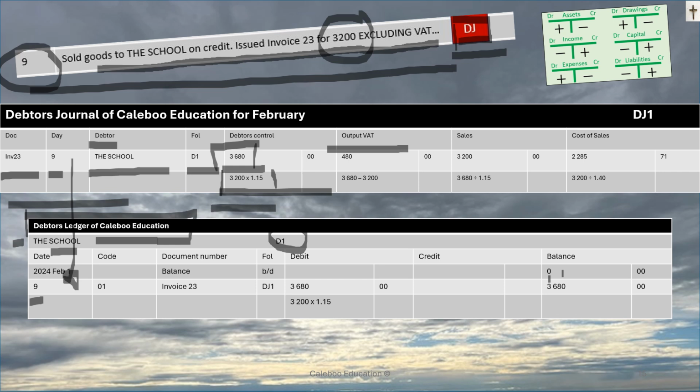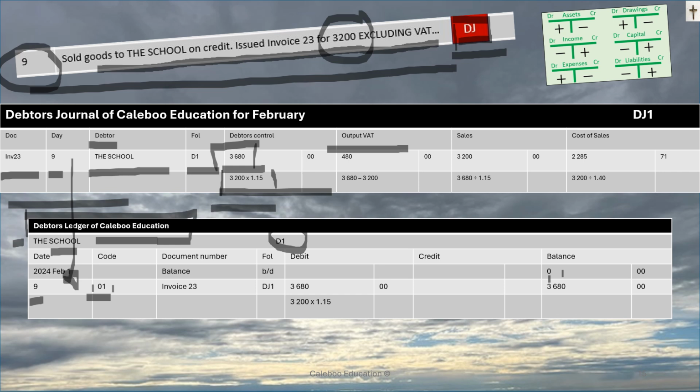The code, if you don't remember what this column is for, is an internal code. So Caleboo Education decided that 01 will be the code for credit sales. So you can have your own code for credit sales within your business.